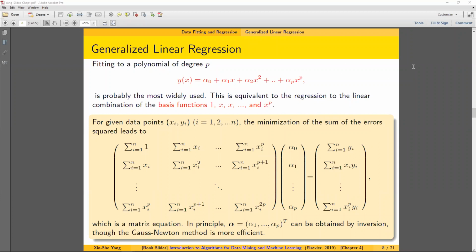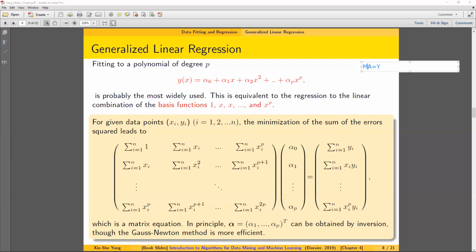So let me use some text here. I'm saying M times a, let's use a, which is this alpha. M times a equal to y.